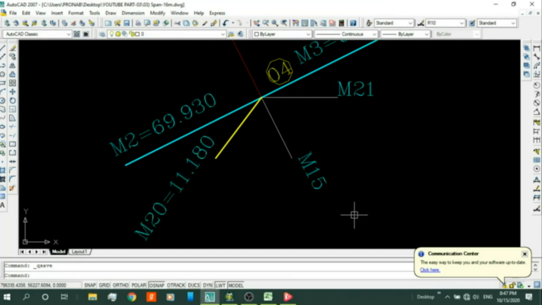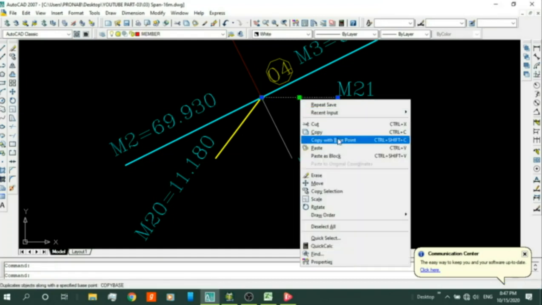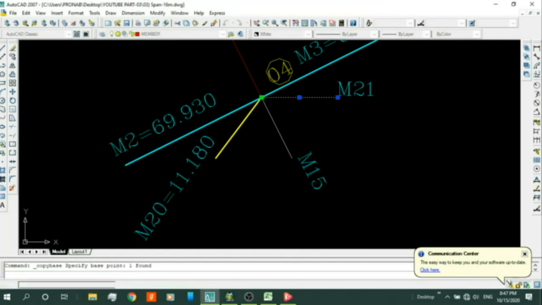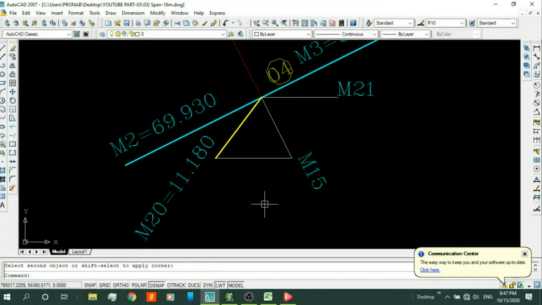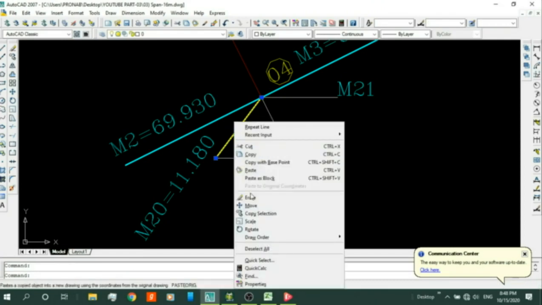We have to find out the value of forces in M15 and M21. Now I'm copying this line, pasting here. Once again, I am drawing a parallel line, move.